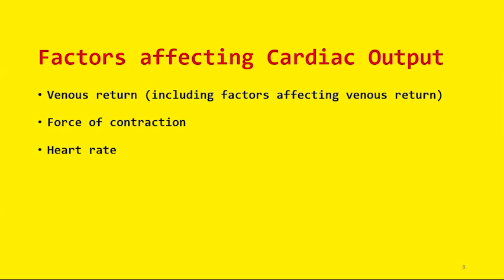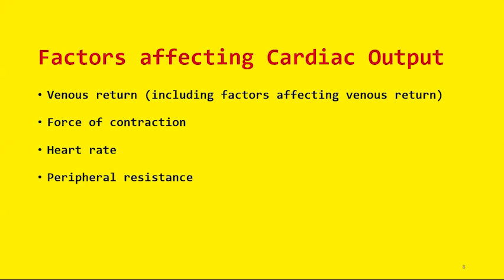So these three factors, they are directly proportional to cardiac output: venous return, force of contraction of heart, and heart rate. All these three factors, they are directly proportional to cardiac output. This means if you increase any of these factors, you will increase the cardiac output. The last factor is very important, known as the total peripheral resistance, commonly denoted as TPR. Now, TPR is the resistance that the blood flow faces in the peripheral vessels.